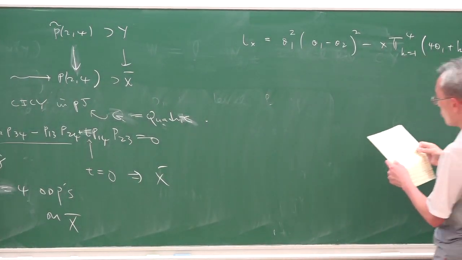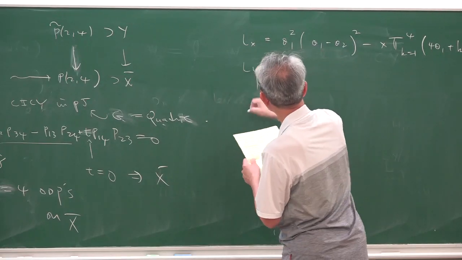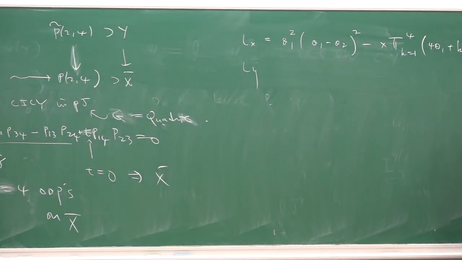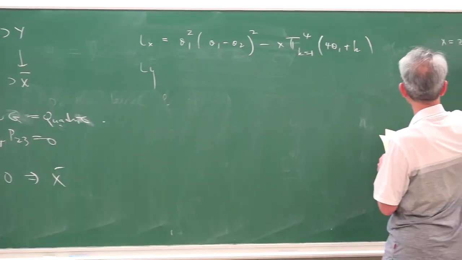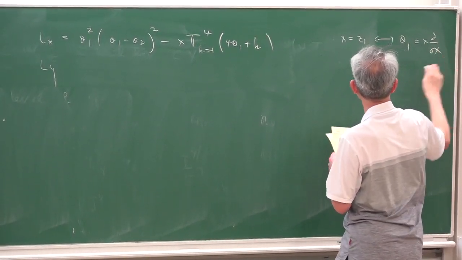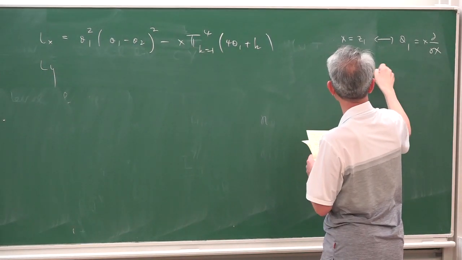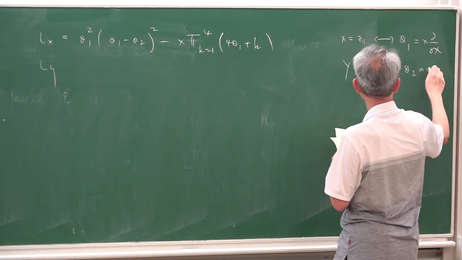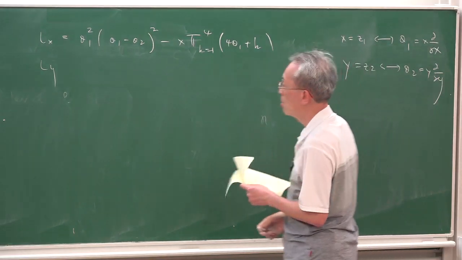And another one is for y. So my variable here is x, which is v1, corresponding to theta 1, which is x times d/dx. And y is v2, which corresponds to theta 2, which is y times d/dy, as usual.